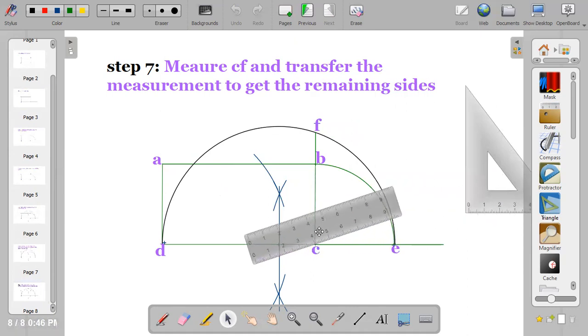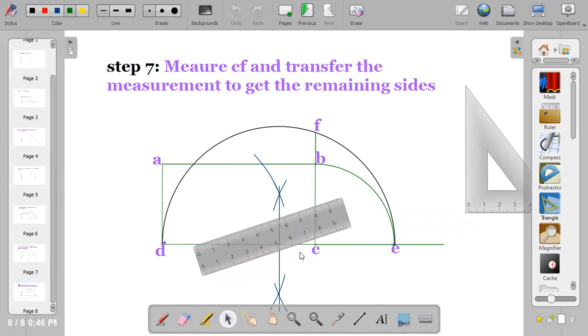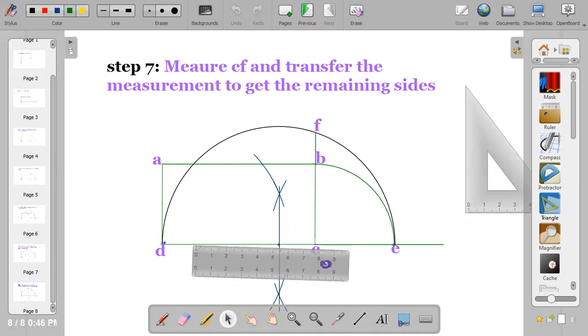I'll mark 7.05 on the second side. All right, so I can now mark this point as the second side. That means I've gotten two sides of the square.